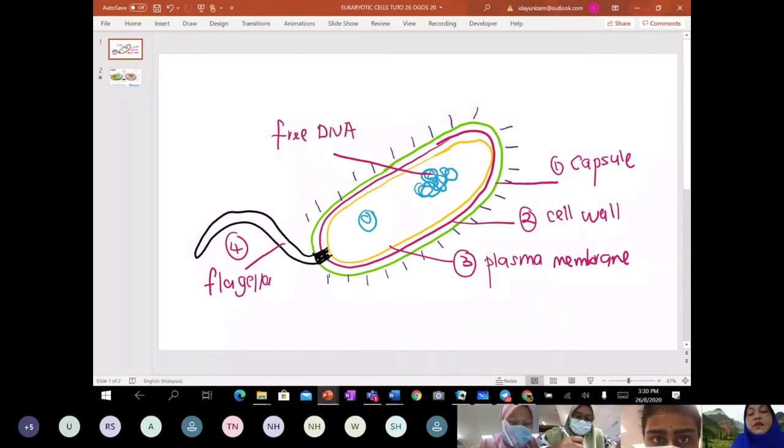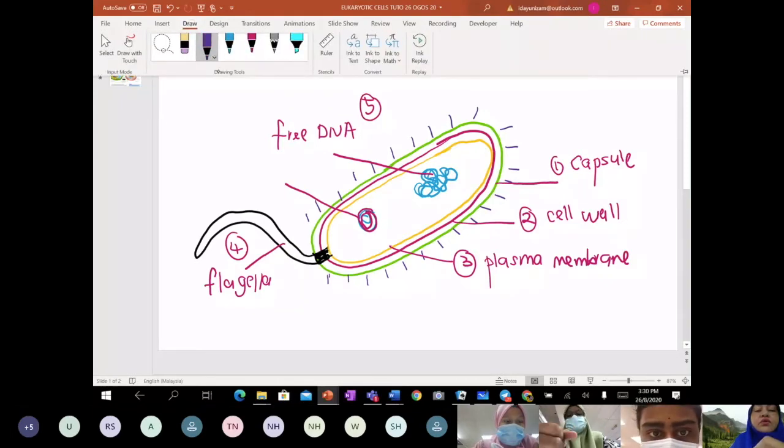What does teacher mean by free DNA? Prokaryote cells do not have a membrane-bound nucleus, so the DNA is free in the cytoplasm. Another unique characteristic is this one, which is actually circular. Circular DNA, which we call a plasmid. So the DNA is number 5.